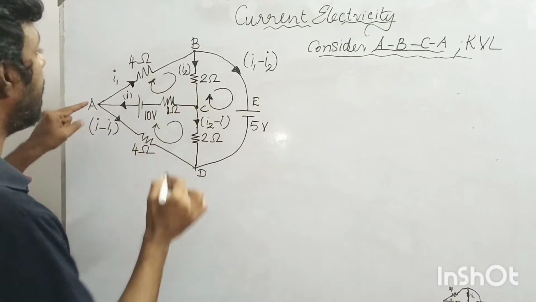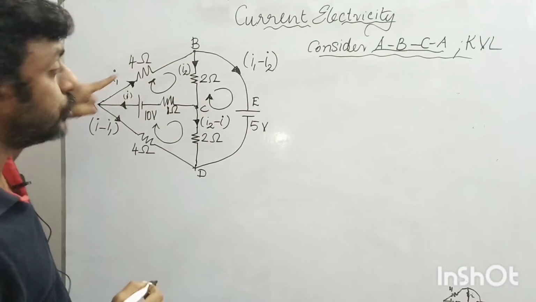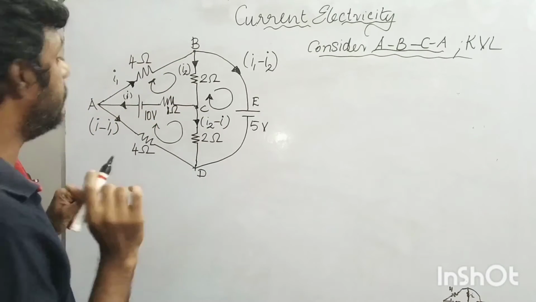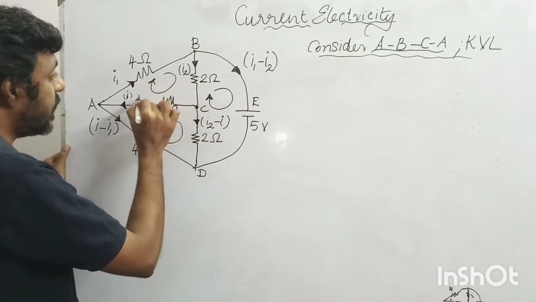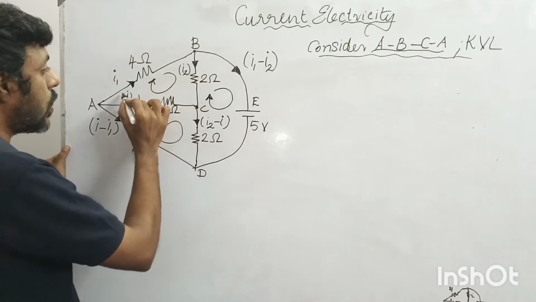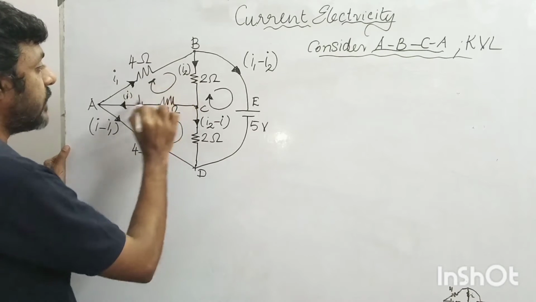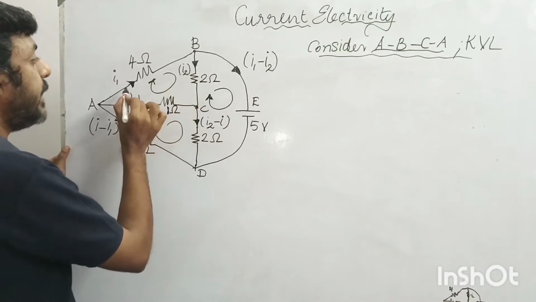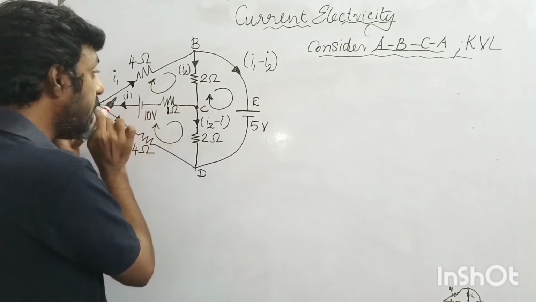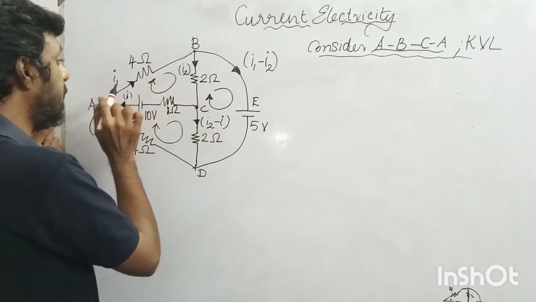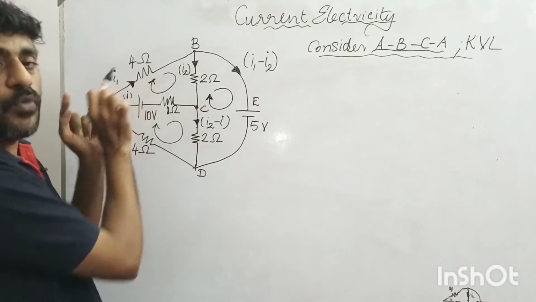Now I'm going to apply KVL to this closed loop. So let's start. My direction of travel is clockwise. While traveling in the clockwise direction, I encounter a current I1 which is going along with me, entering this 4 ohm resistor.